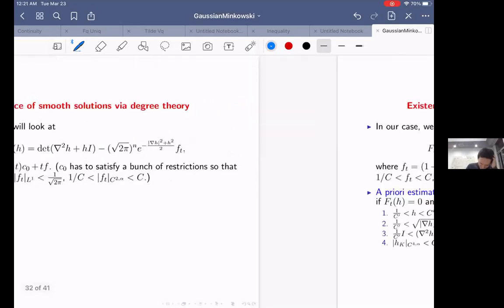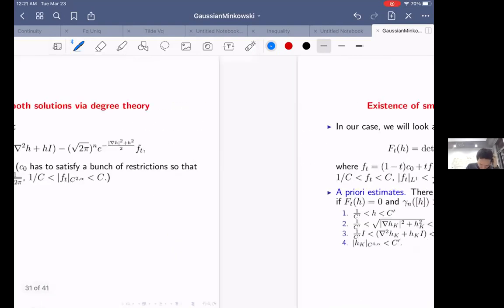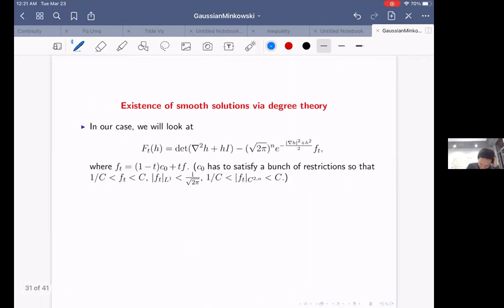Okay. In our case, we will look at F_t(h), defined by this minus this times F_t. And F_t is the convex combination of C_0 and tF plus (1-t) times F, and C_0 is a constant.